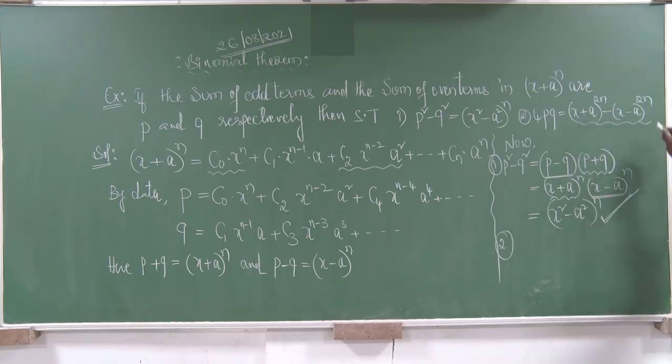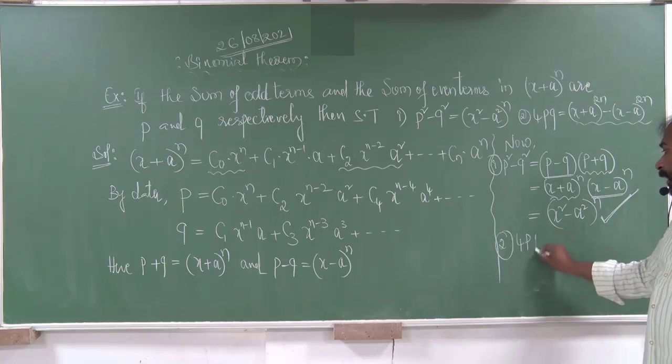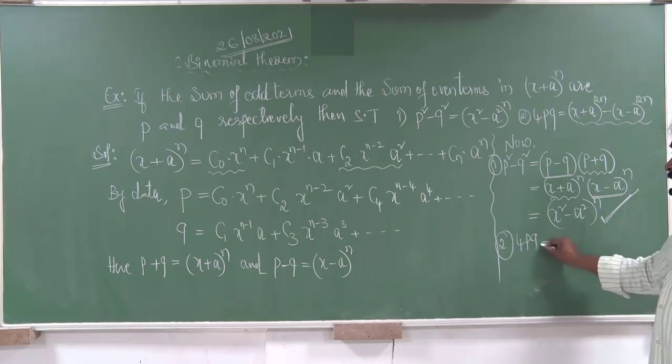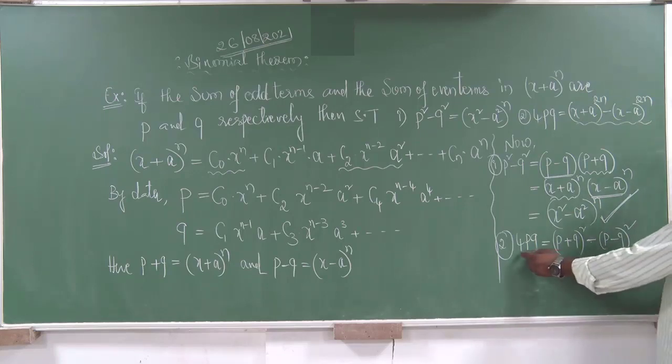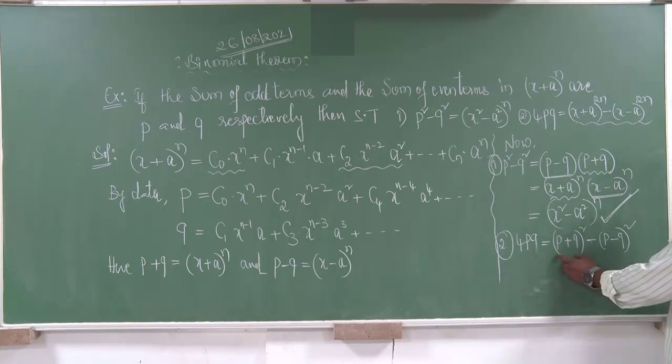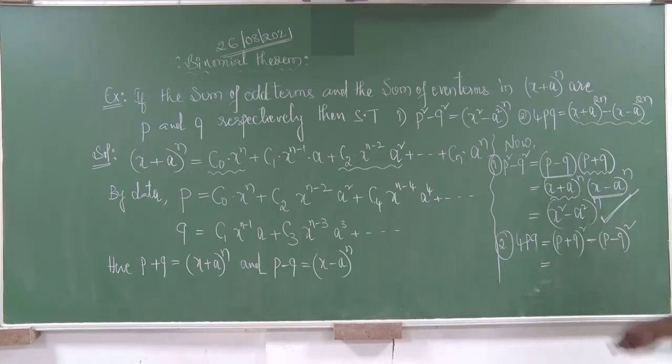Next, second example. What will the value of 4PQ be? Simple logic here also. My requirement is 4PQ. How can I write 4PQ? It can be written as (P + Q)² − (P − Q)². But what is the P + Q value?